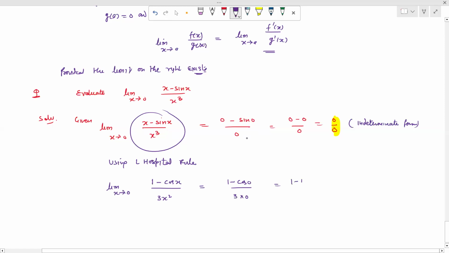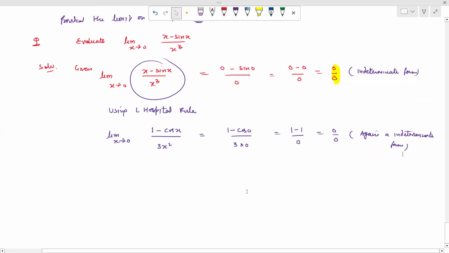Cos 0 is 1, so 1 minus 1 is 0, and 3 into 0 is 0. So this gives us 0 upon 0, which again makes an indeterminate form. We can apply L'Hospital again until we remove the indeterminate form.